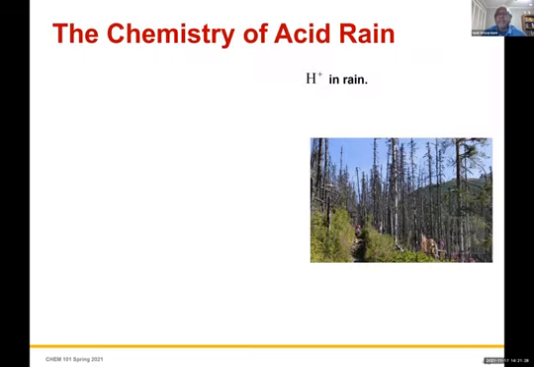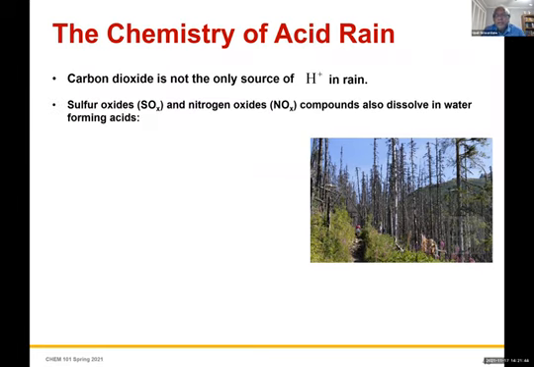We need to know about acid rain. Acid rain is caused not by carbon dioxide but by compounds that increase the hydrogen ion concentration in rain. When you burn fossil fuel, which contains sulfur, and also when cars run at higher temperatures, they convert nitrogen and oxygen to nitric oxide, causing ozone, secondary pollution, smog, and so on.